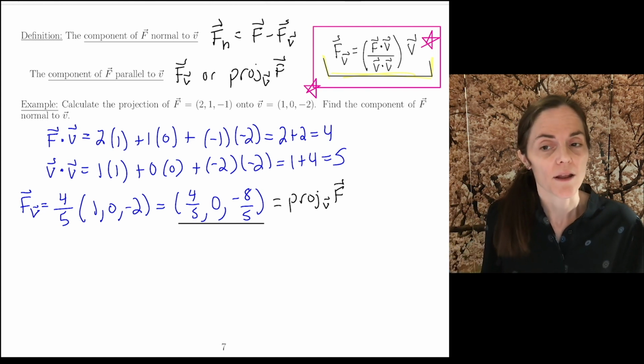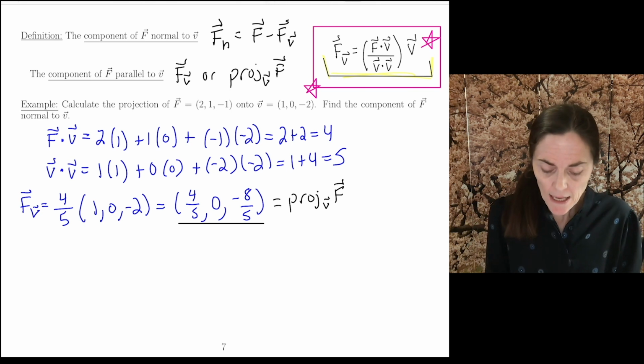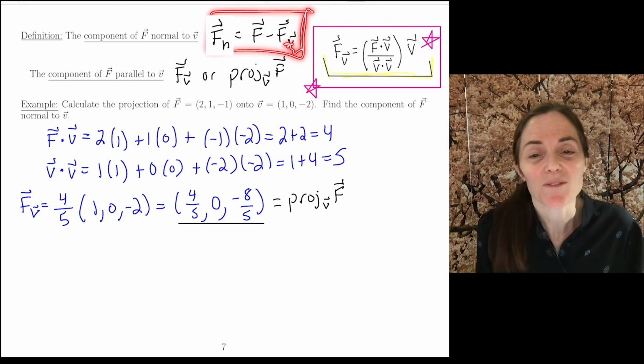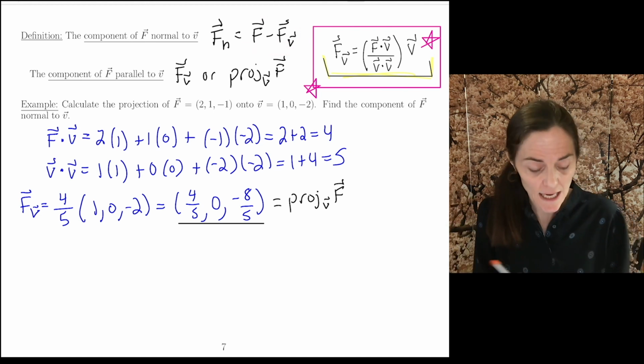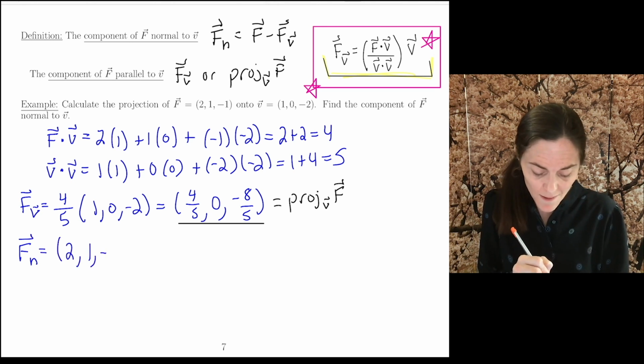But there's another part here, which is to find the component of F normal to V. And that's just here. We take F minus the projection. So let's write that here, Fn. This is F, which is 2, 1, minus 1.